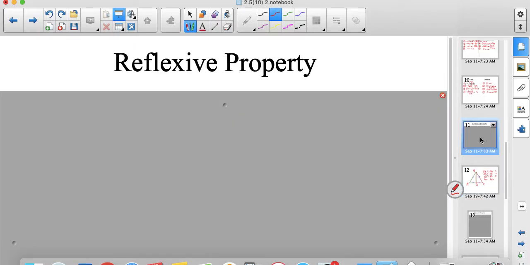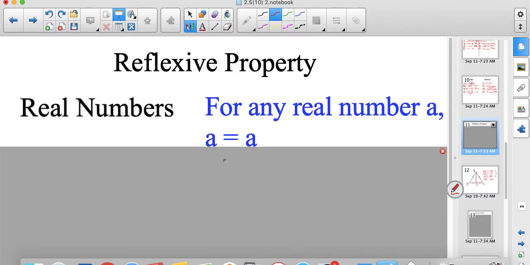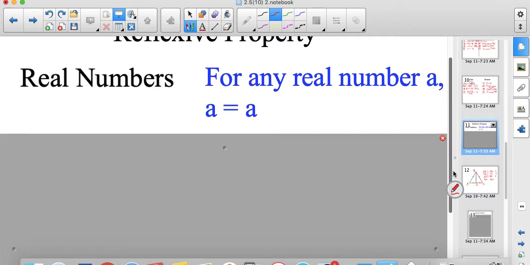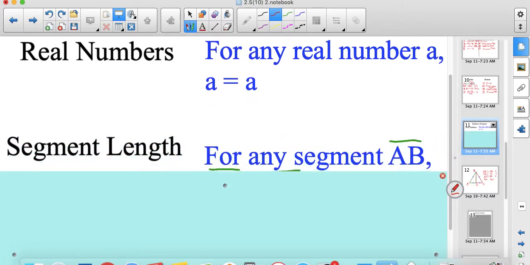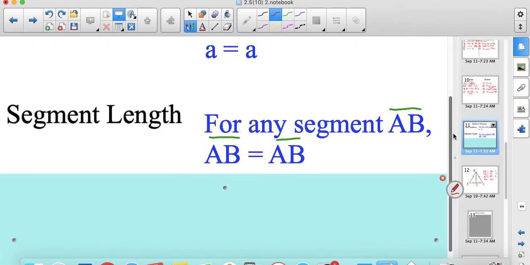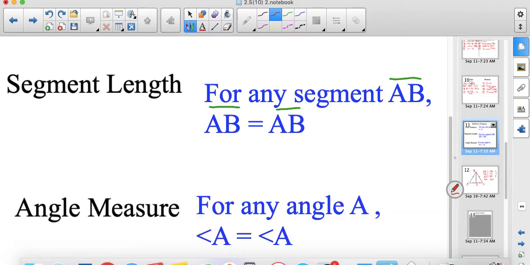Your reflexive property says for any real number A, A would equal A. It works for segments also, as we just talked about. For any segment AB, AB is equal to AB. And then it works for our angles too. Angle A will be congruent to angle A.